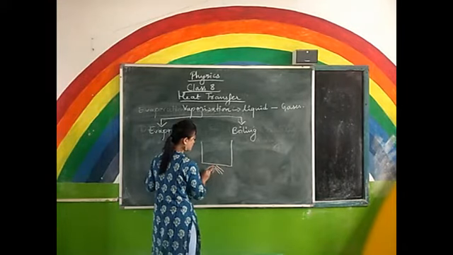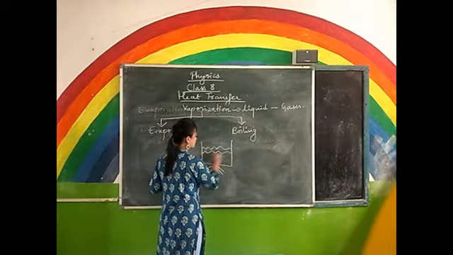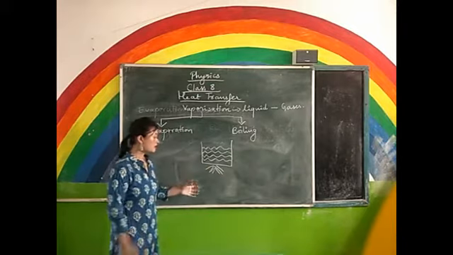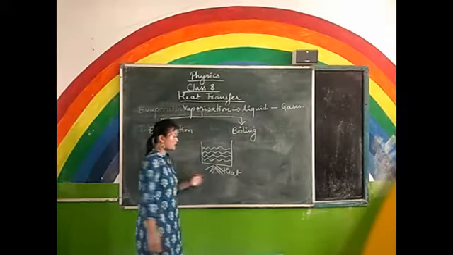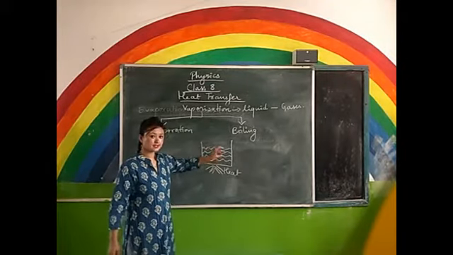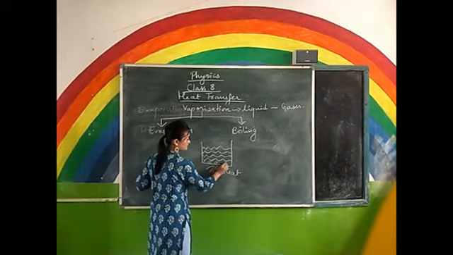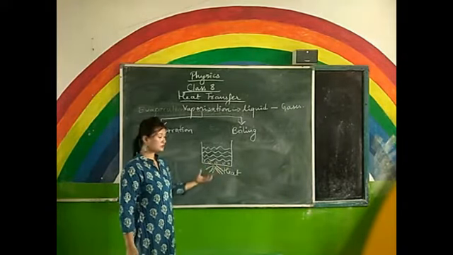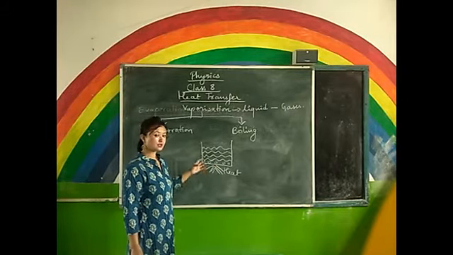So when you say you're boiling, you've kept water here, which is in the form of liquid. Now, what are you doing over here? You're supplying heat. When the water particles start gaining heat, the particles which are closer to the heat will get heated.